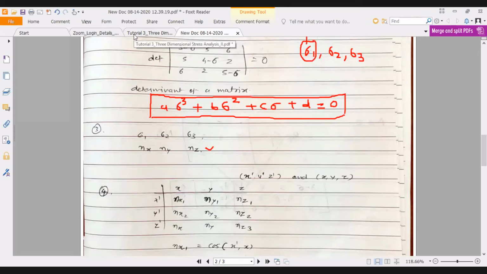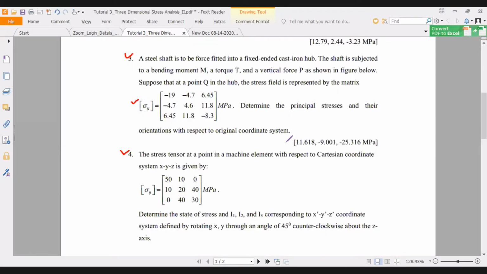Okay, so just verify your answer with the answer given in the questions and calculate nx, ny and nz corresponding to each principal stress. The absolute values of those direction cosines are not given in the tutorial sheet, so you can check with the principal stresses only.